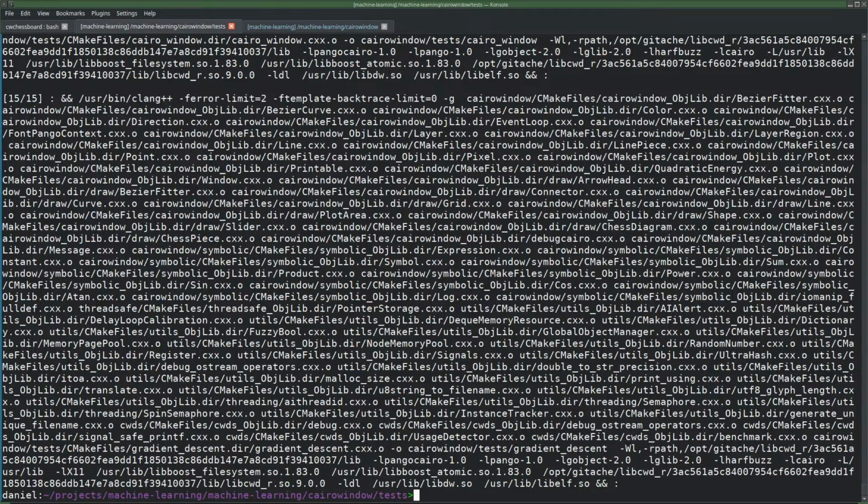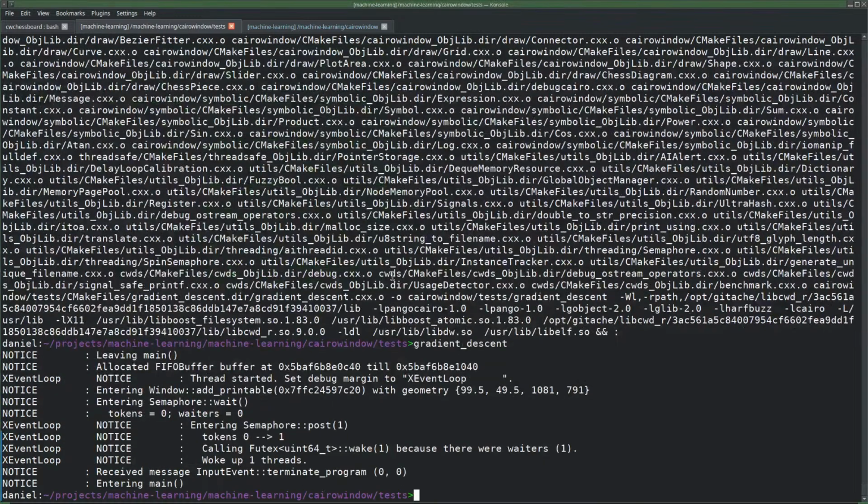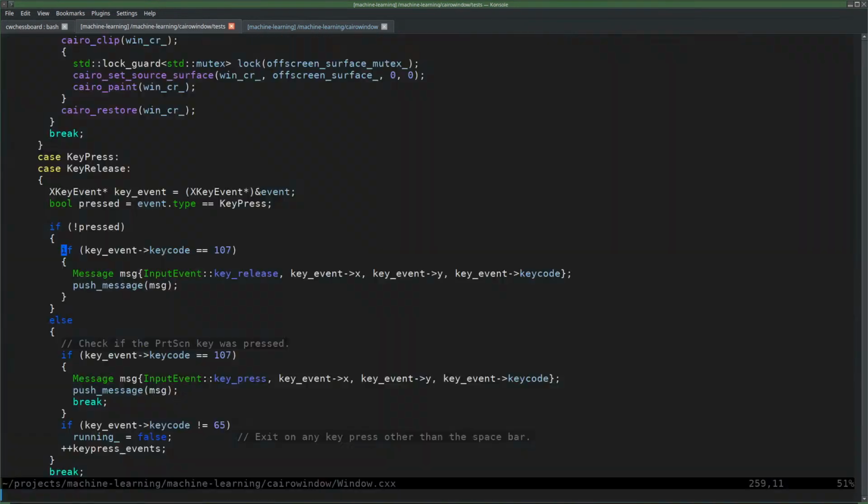Oh, wait a minute. I don't think it does anything now. It's not returning. Press space whatever I want, but it is not working. We have to send it.